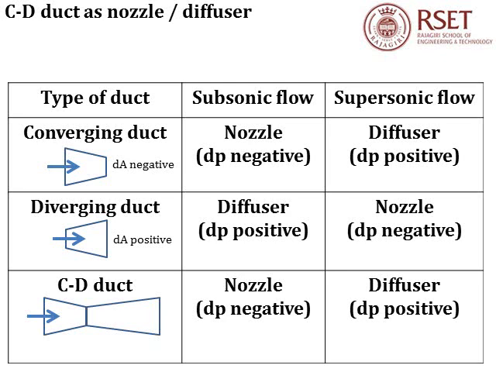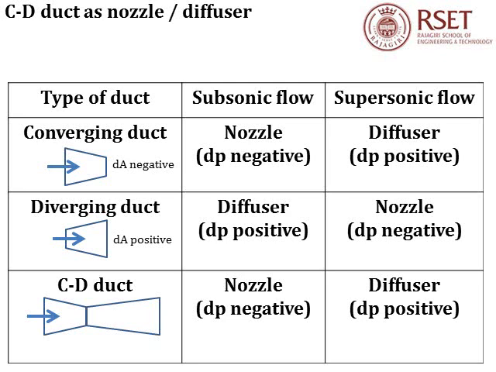In the same manner, a converging duct with supersonic flow when acts as a diffuser is referred to as a supersonic diffuser. A diverging duct with supersonic flow when acts as a nozzle is referred to as a supersonic nozzle. A CD duct with supersonic flow at the inlet and subsonic flow at the exit is referred to as a supersonic diffuser.